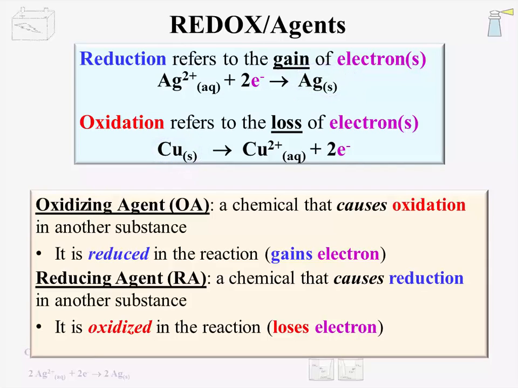So, a redox reaction will have a compound that gains an electron and one that loses an electron. The terms oxidation and reduction refer to what is happening to that specific compound in the reaction, and the term agent is assigned to what a compound does to another compound in the reaction. Yet another layer of possible confusing terminology.